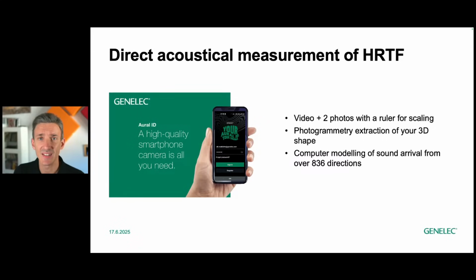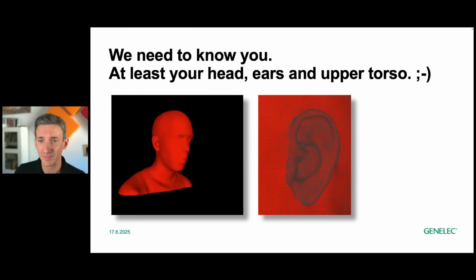But if we have this scaling with the ruler, then it's very easy to know exactly how huge your ears are. And as said, we can then do a model, and this can help us to render about 800 directions.